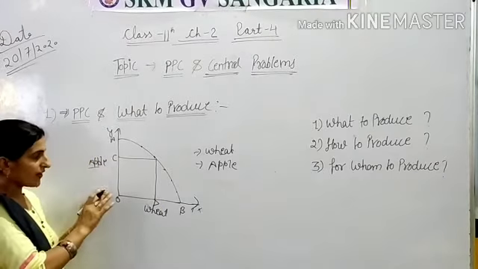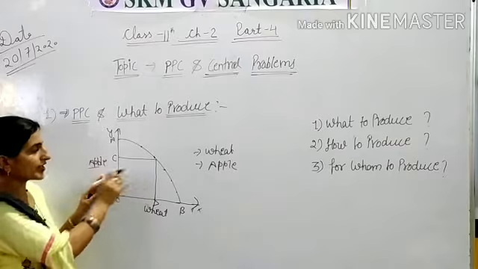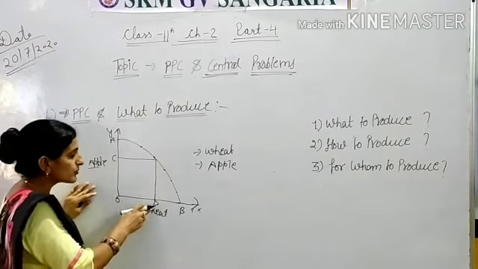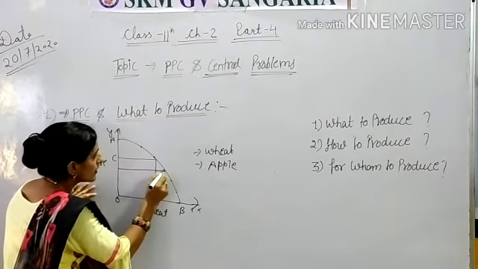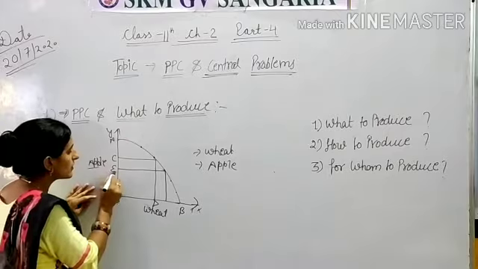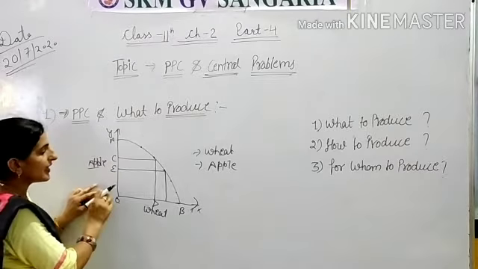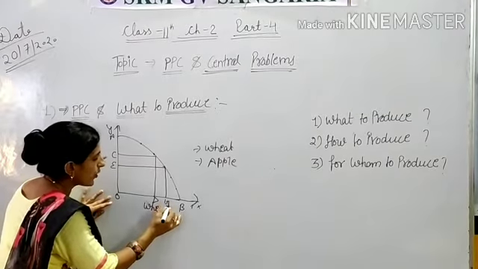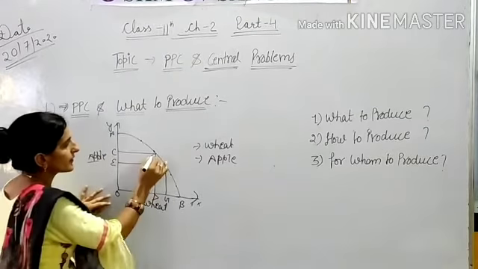Okay. Firstly, we are taking these points of production, but if we want to produce more of wheat, then we have to reduce the production of apple, and here our production of wheat will increase by OZ point. Okay.